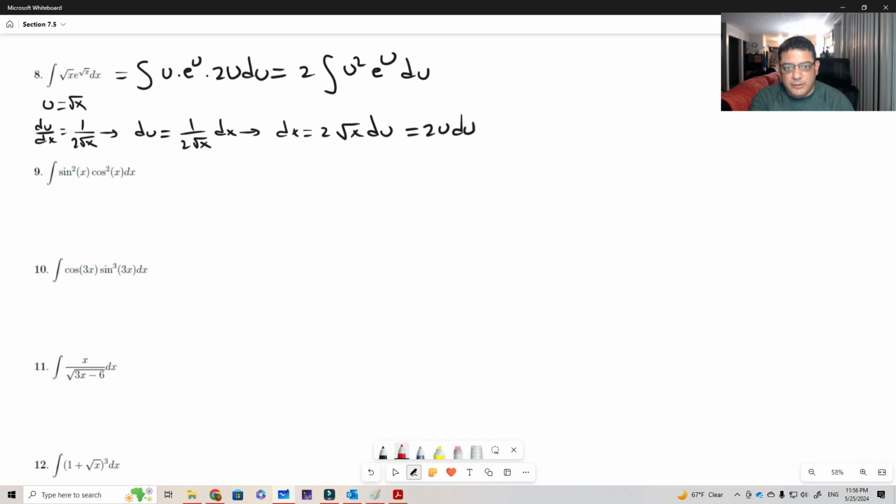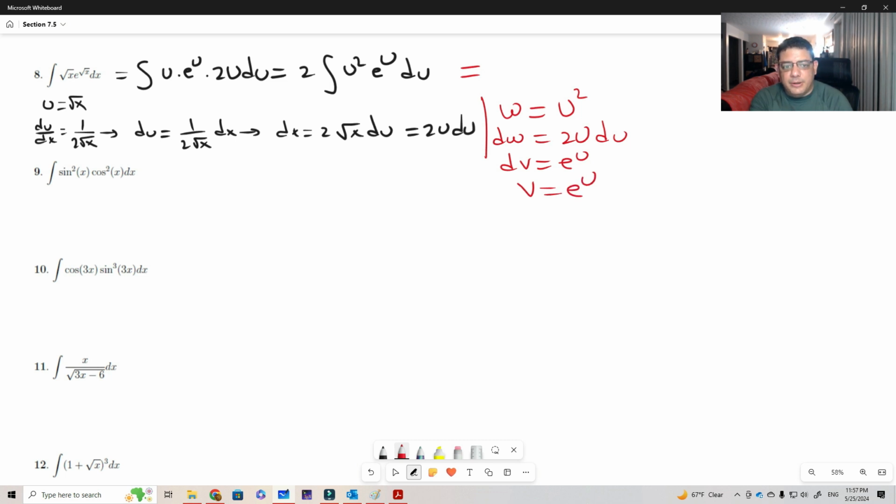Okay, so now to do this second part, I'm going to go ahead and do the substitution. So I'm going to use w instead of u, and so w is going to be u squared. The dw is going to be 2u du, and then my dv is going to be e to the u, and so v is e to the u.